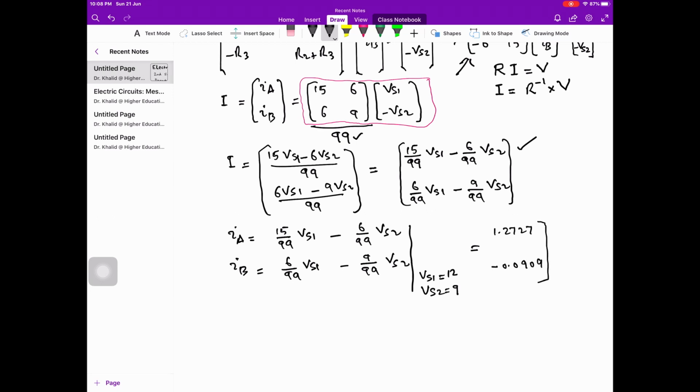So this is the solution. We have found IA and IB.